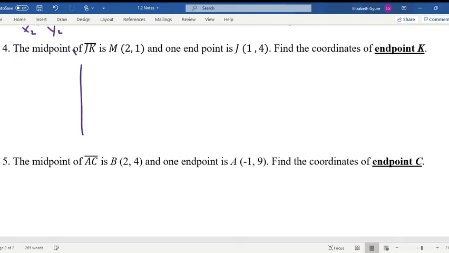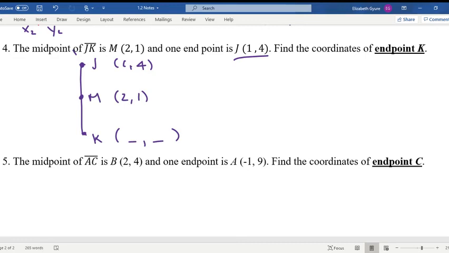Now we're dealing with segment JK, so label your endpoints J and K, and you have midpoint M. You were told that J is 1, 4, so I'm going to write that down, 1, 4. And you were told that M is 2, 1. We don't know K. K is missing. We need to figure it out.